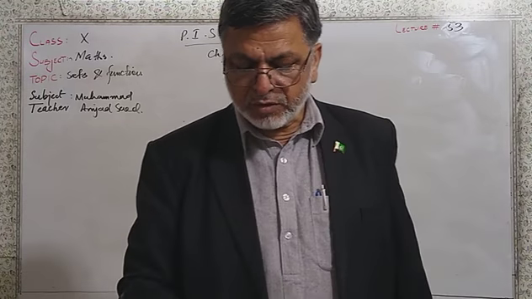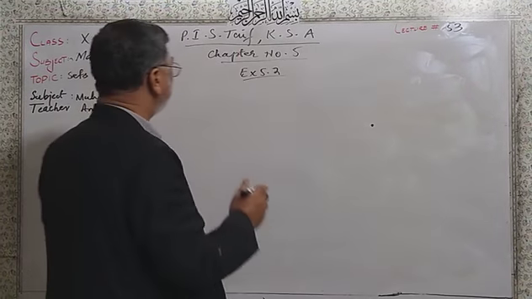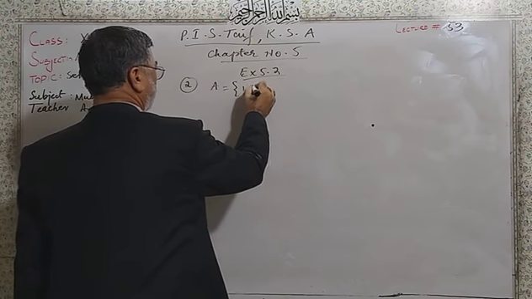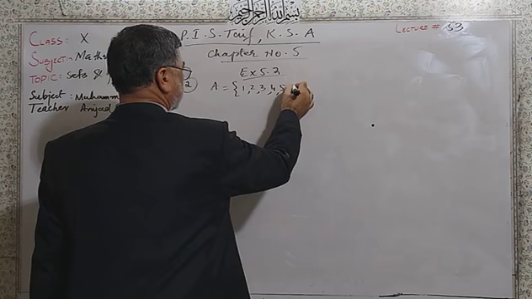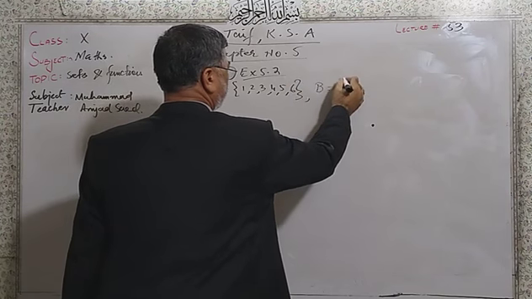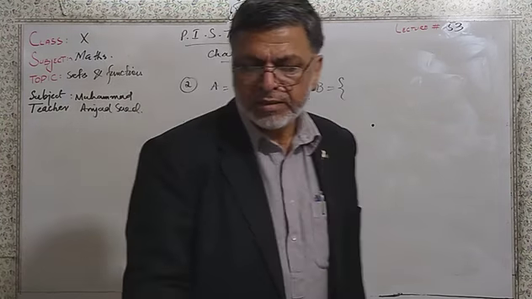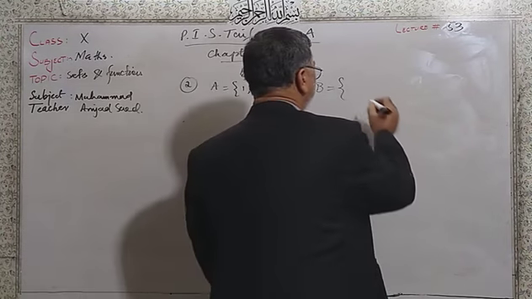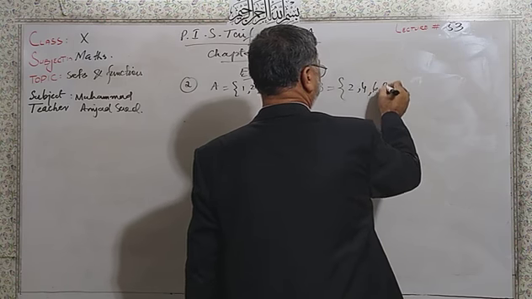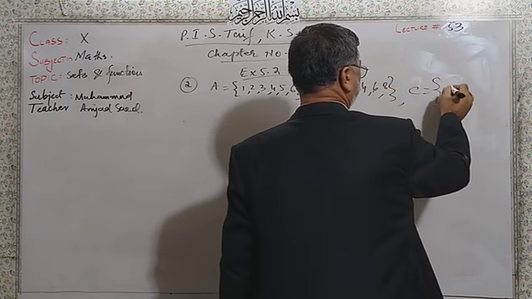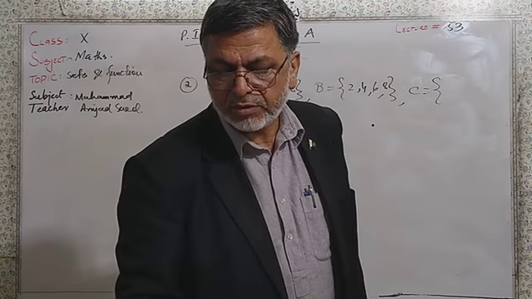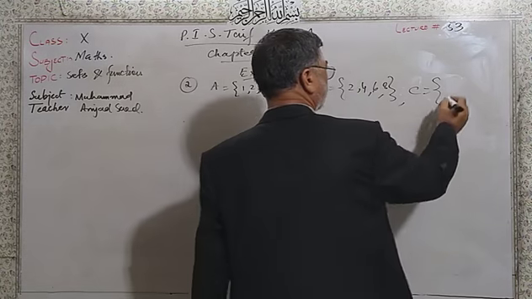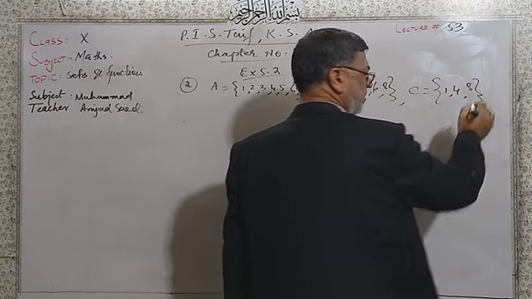So if A is equal to 1, 2, 3, 4, 5, 6, and B is equal to 2, 4, 6, 8, and C is equal to 1, 4 and 8.